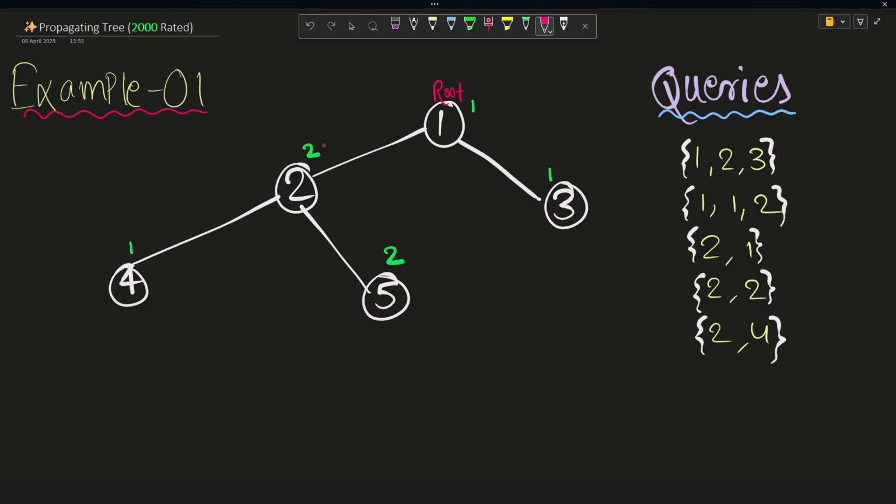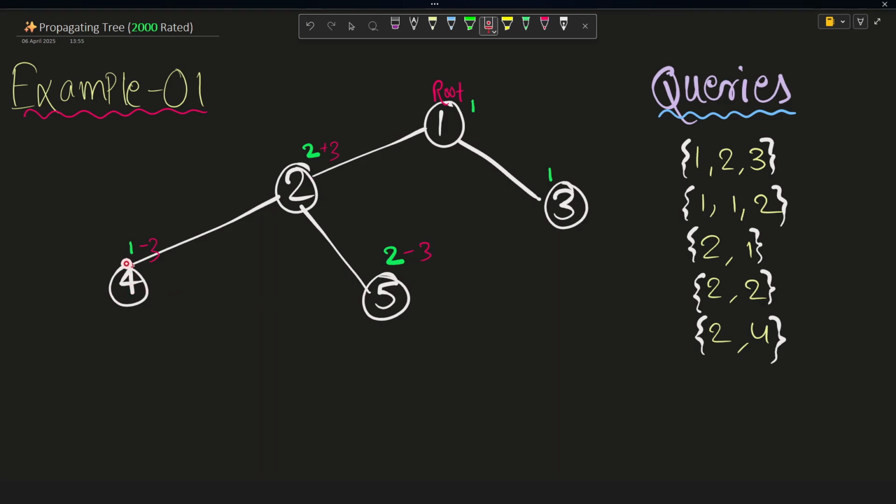I am adding a value of plus 3 to this node because it is instructed in the query. But if you have read the question, then doing this is not enough. We have to propagate this addition. Since we added plus 3 to this second node, it also means that we have to add minus 3 to the child of this second node, just like this.